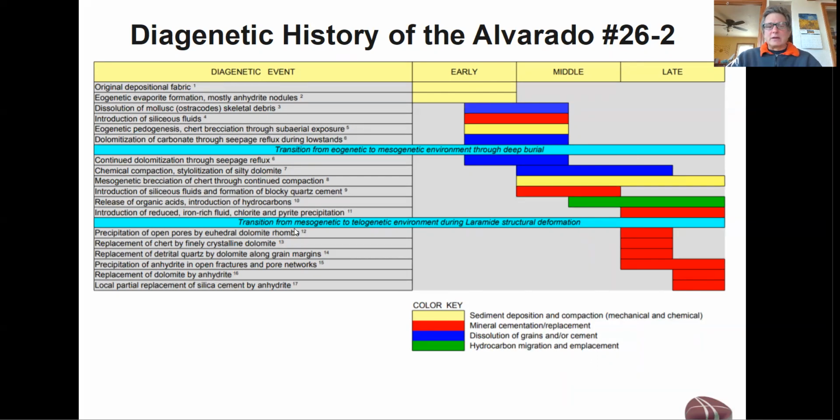And a lot of these likely have to do with the transition from really deep burial to a situation following Laramide partitioning of the foreland basin, where these rocks have been uplifted and maybe locally have subjected themselves to meteoric influences. And so that meteoric water likely has resulted in the dissolution and reprecipitation of a lot of these evaporitic minerals, particularly anhydrite.